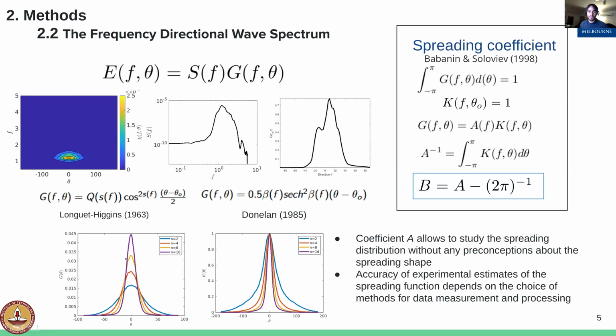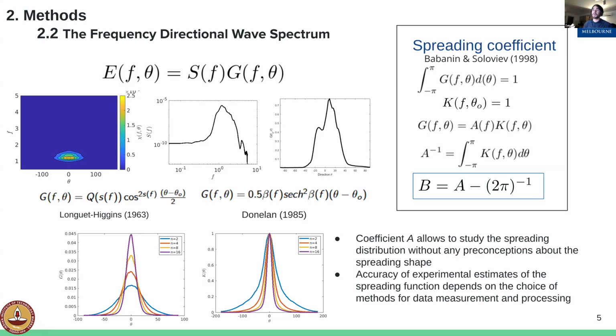Here I'm showing a few examples of the spreading function with different spreading parameters. If we consider the cosine model to the power of n, we can see that for higher numbers, the spreading is narrower, which means that the waves are more focused in direction. And for lower values, the spreading is broader, which means the waves are propagating from a broader range of source directions.